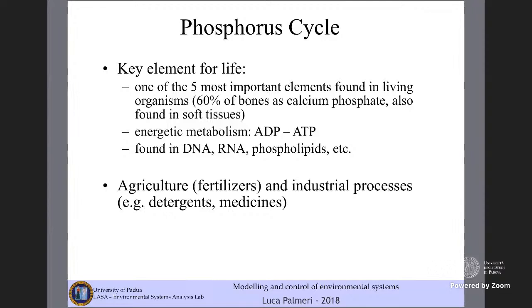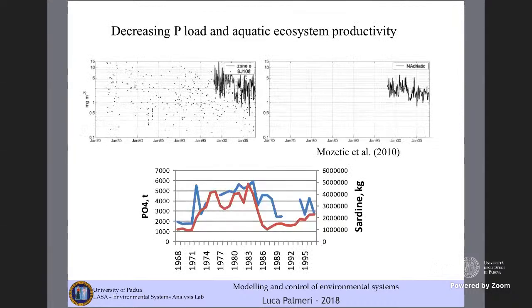The phosphorus cycle is affected by anthropic activity, for example in agricultural uses of fertilizers, but also in industrial processes like detergents and medicines and so on. It is interesting to look at the effect of phosphorus concentration on fish stocks.